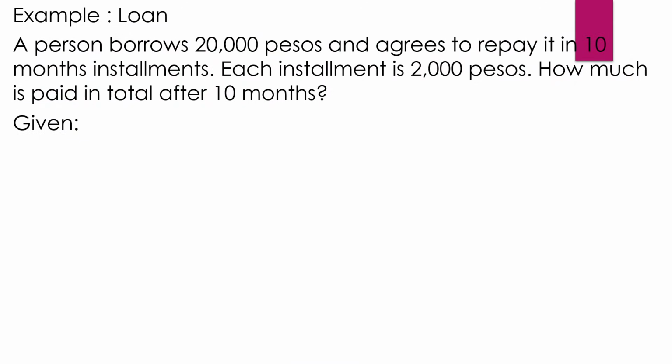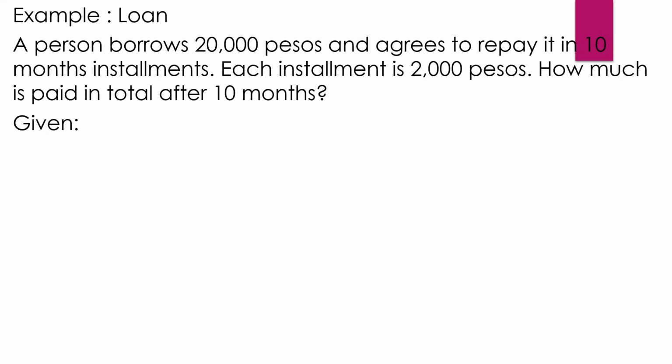Example: a person borrows 20,000 pesos and agrees to repay it in 10 months installments. Each installment is 2,000 pesos. How much is paid in total after the 10 months?